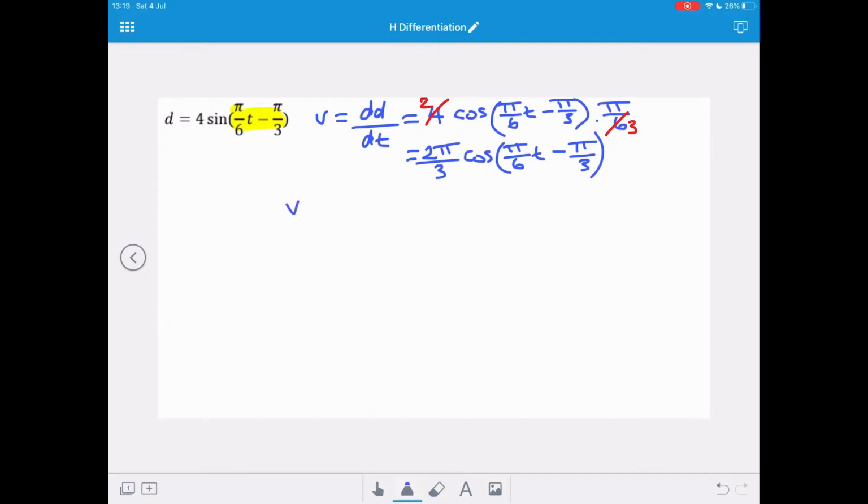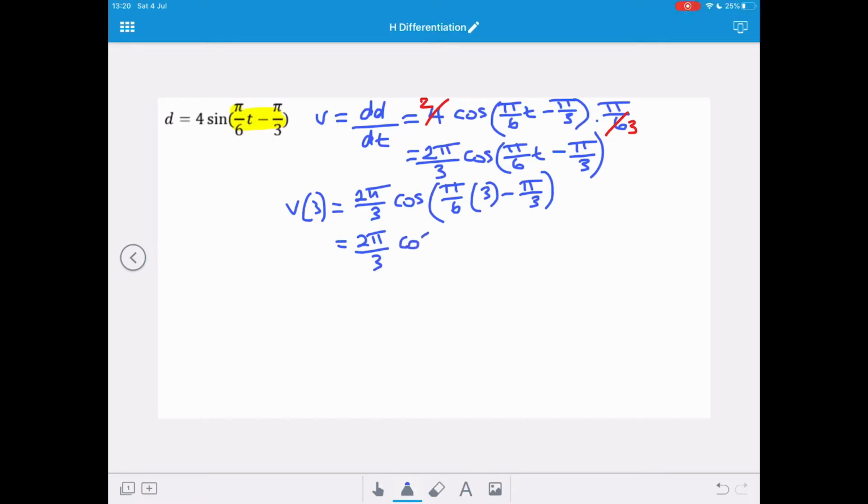Now we're still working out the velocity at 3 a.m., so we're working out v of 3, and that's going to equal 2 pi over 3 times the cos of pi over 6 times 3 take away pi over 3. And we know from evaluating the displacement that the bracket is going to equal pi over 6.